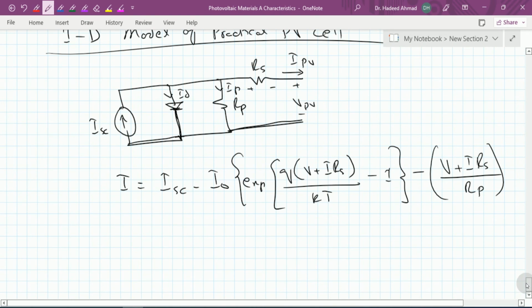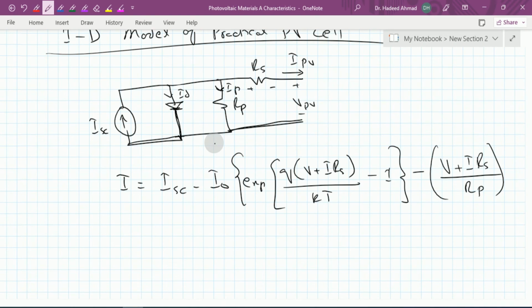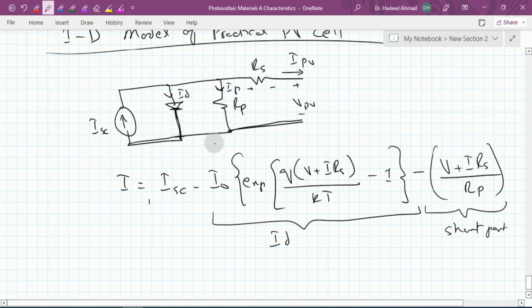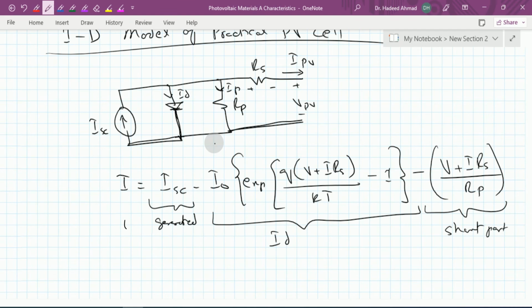So this is the current which is flowing through this parallel resistance. So this part is the shunt part. This I naught represents the ID, and ISC is the actual current generated from the sunlight, which we usually call the photocurrent, where I is the output current here.